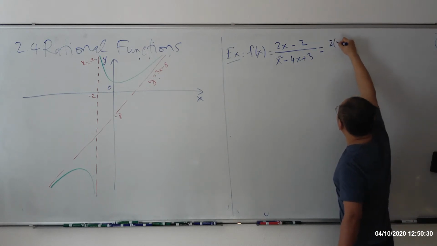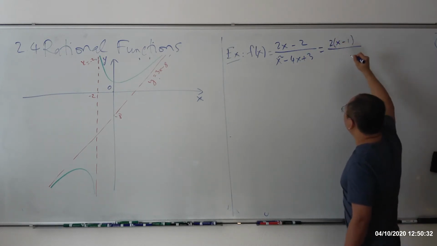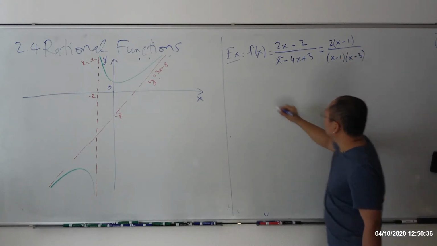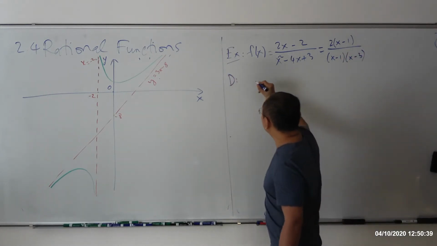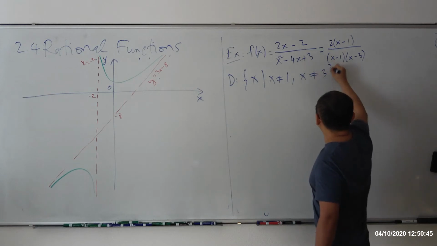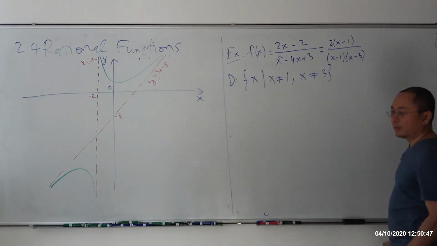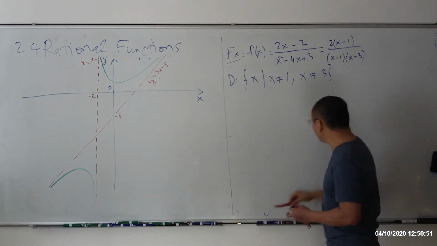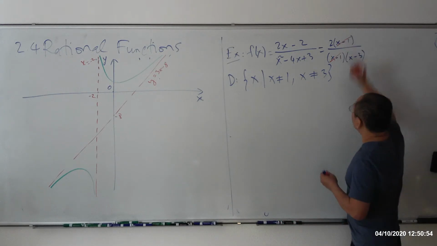Factor the top out, I got 2 times x minus 1. Factor the bottom out, I got x minus 1 times x minus 3. The domain of this one is all real numbers x. X cannot be equal to 1. X cannot be equal to 3. Okay? And we check for the common factors of the numerator and denominator. We found x minus 1. So, cancel out.